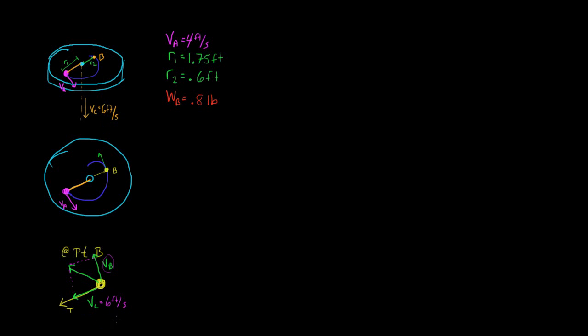So we just need to figure out VB, and then we can figure out what this final velocity is equal to. So one equation we have to deal with something like this is that the final angular momentum is equal to the initial angular momentum plus the sum of all the impulses and moments that the system has.